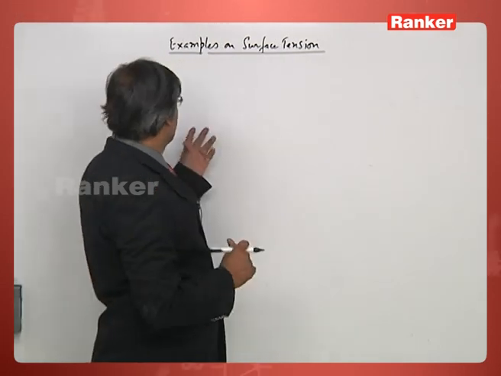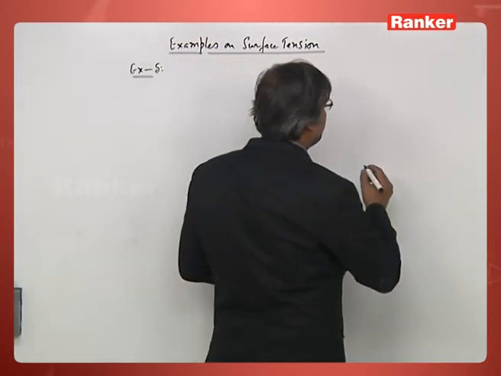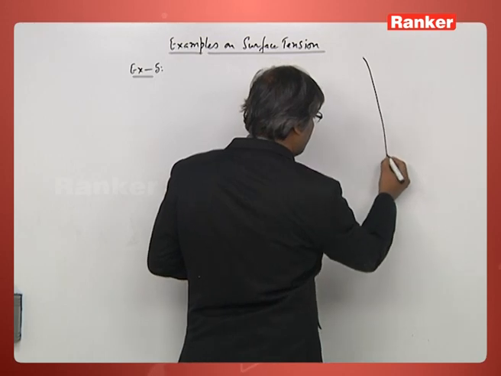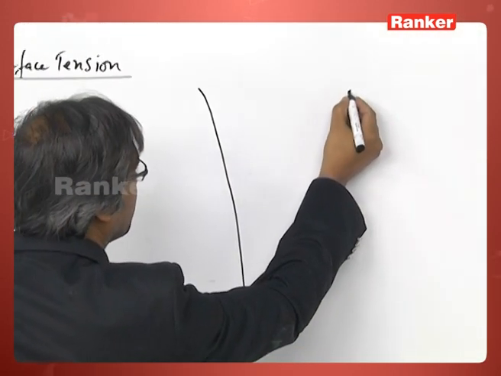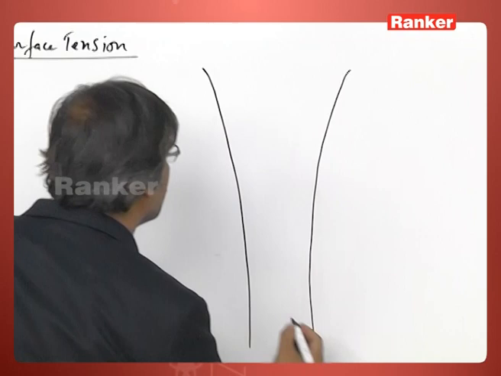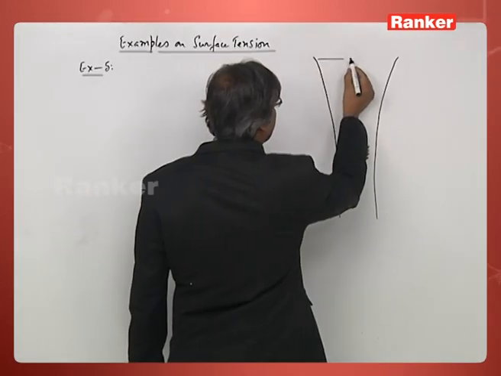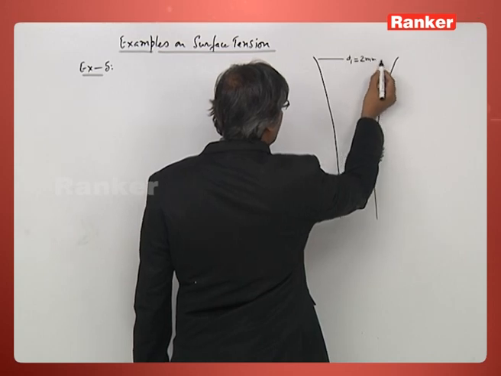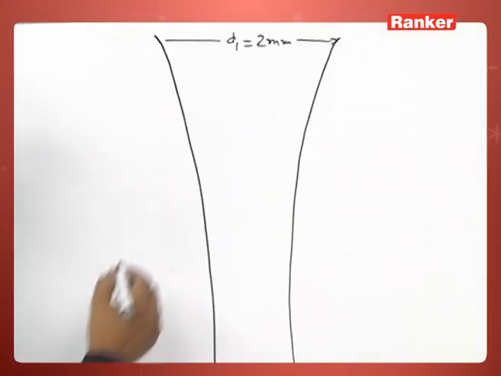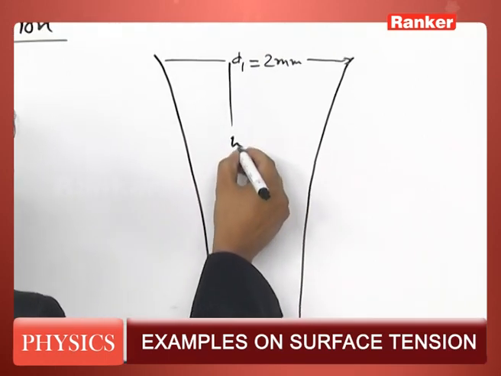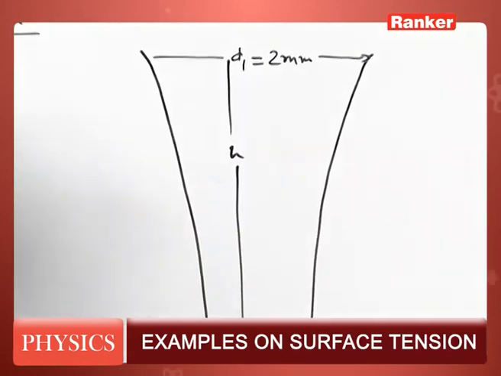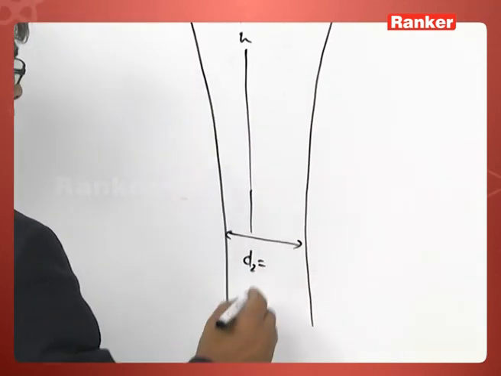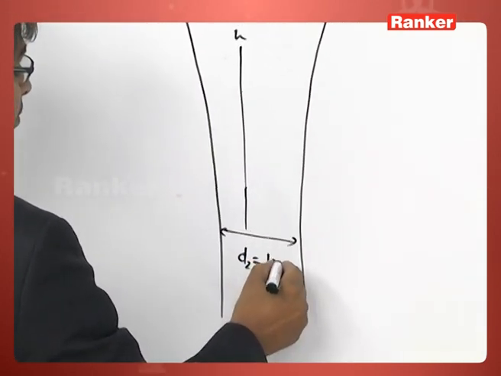Now, let us take a fifth example where we will be using Bernoulli's theorem. We have a jet of water falling like this. Here the diameter d1 is equal to 2 mm, and after falling a certain height h, the diameter d2 becomes 1 mm.